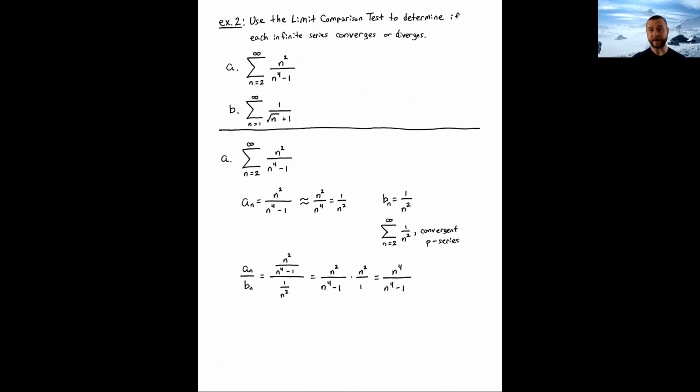So the 1 divided by n squared reciprocates to multiplication by n squared divided by 1. If you simplify that, multiplying those numerators, you get n to the fourth divided by n to the fourth minus 1. That's the expression that we're going to evaluate the limit of as n approaches infinity.